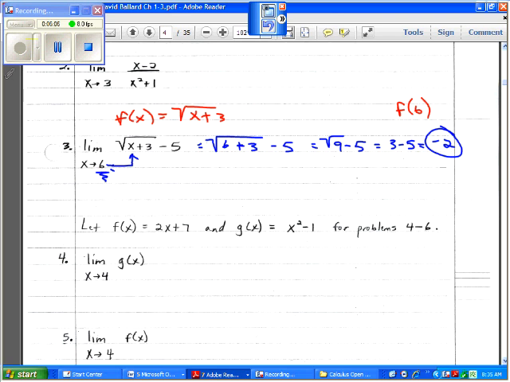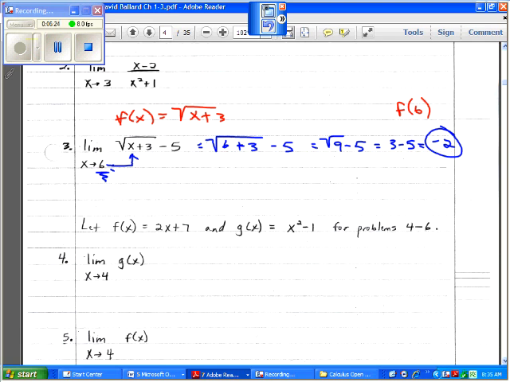The limit as x approaches 6 was the same as f of 6 because it was continuous within that domain and the 6 was a part of the domain of the function. Okay? Any questions on that?